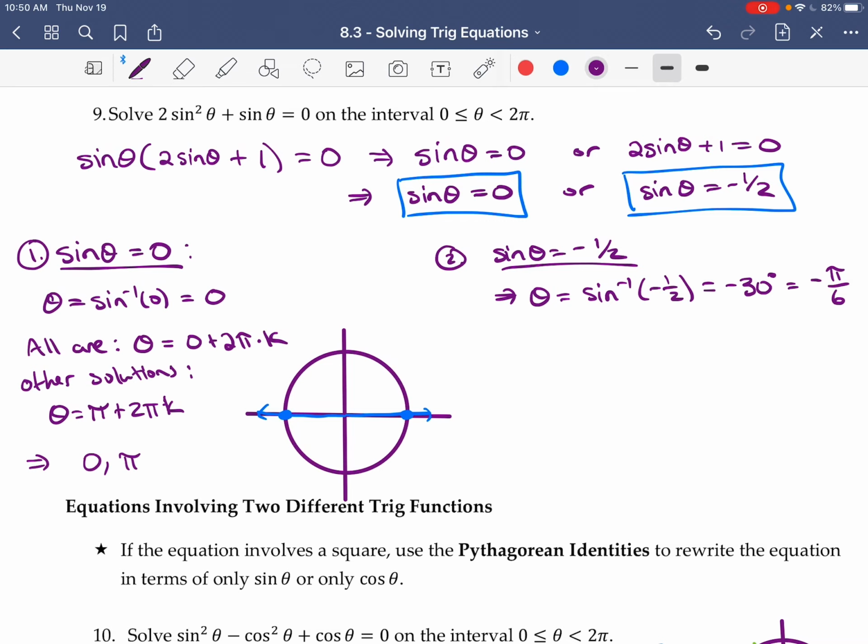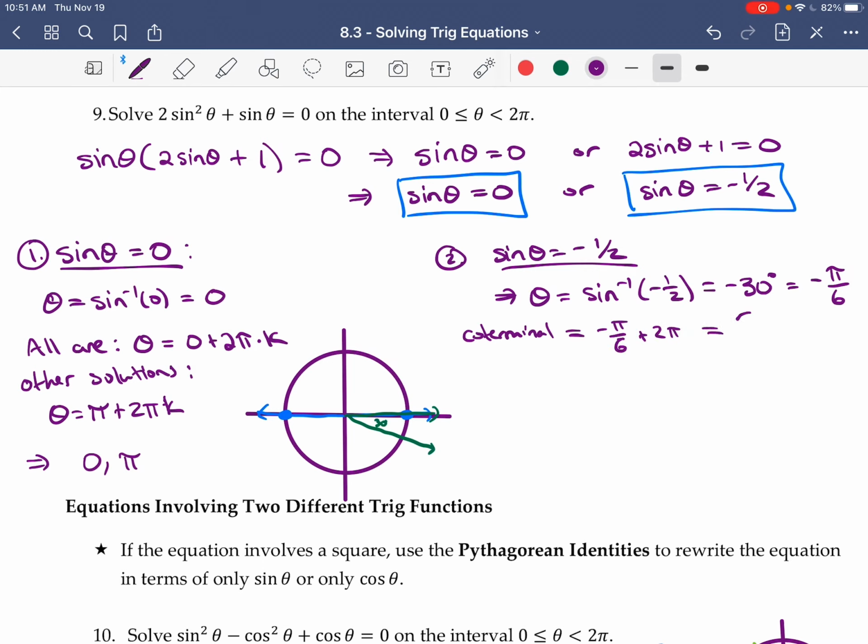Okay, over here we're getting negative 30 degrees. Okay, so that's like that. So we want something coterminal with that. Okay, so I take negative pi by 6 and I add 2 pi.